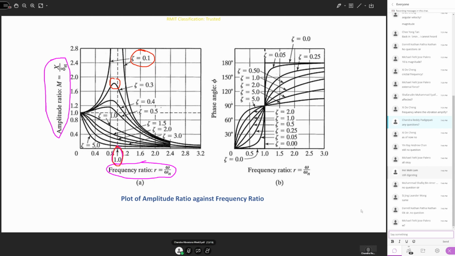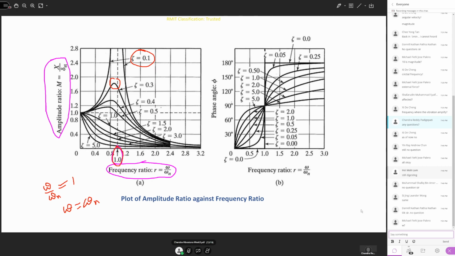That is where the resonance is taking place. When omega over omega n is equal to 1, this is the resonance condition. So omega is omega n means the resonance is happening. So during resonance, the amplitude ratio becomes maximum.